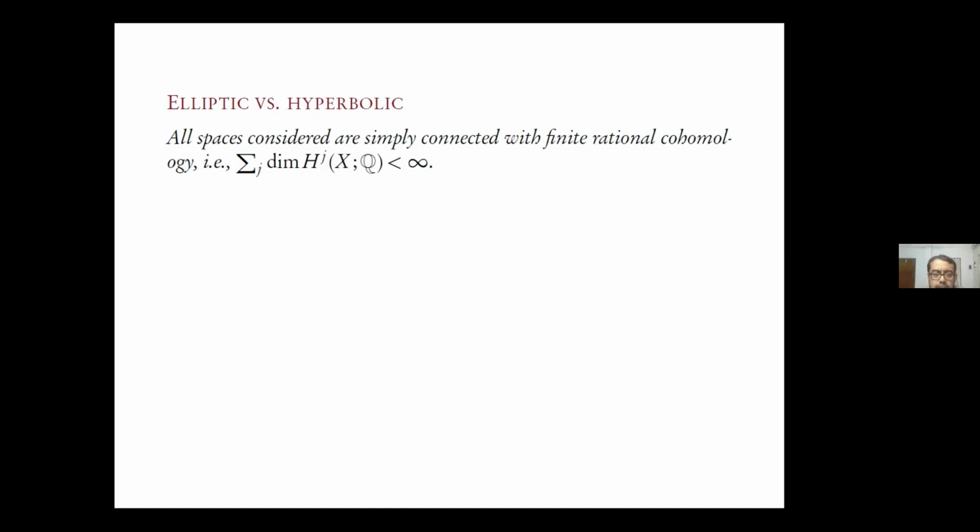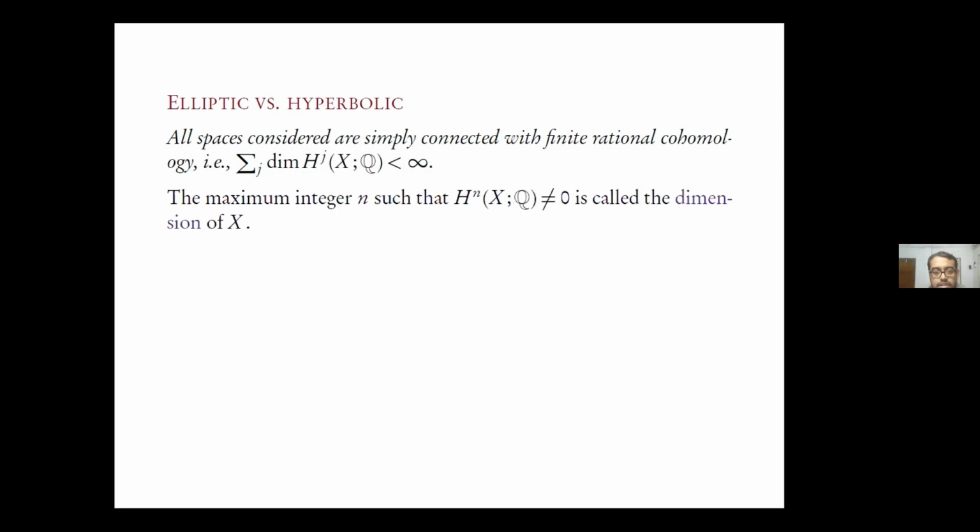That means the Betti numbers are all finite and the sum of the Betti numbers is also finite. Most examples that you encounter in the realm of manifolds are of this type anyway. So this is an assumption that we're going to make to make the statements cleaner and the explanations simpler.